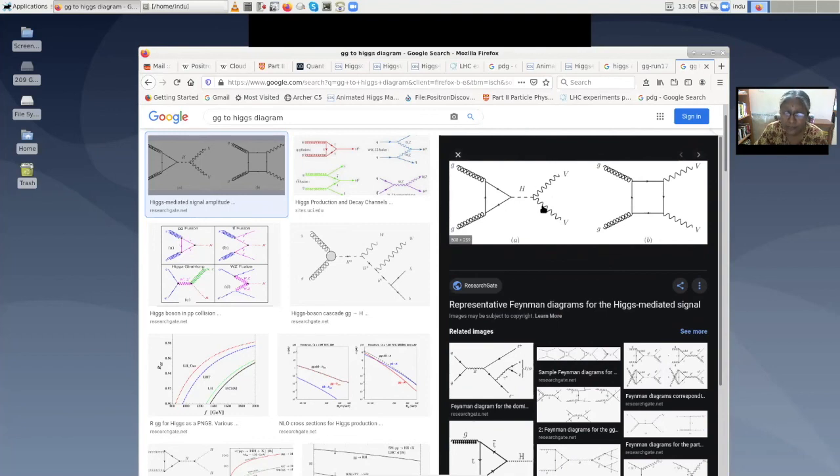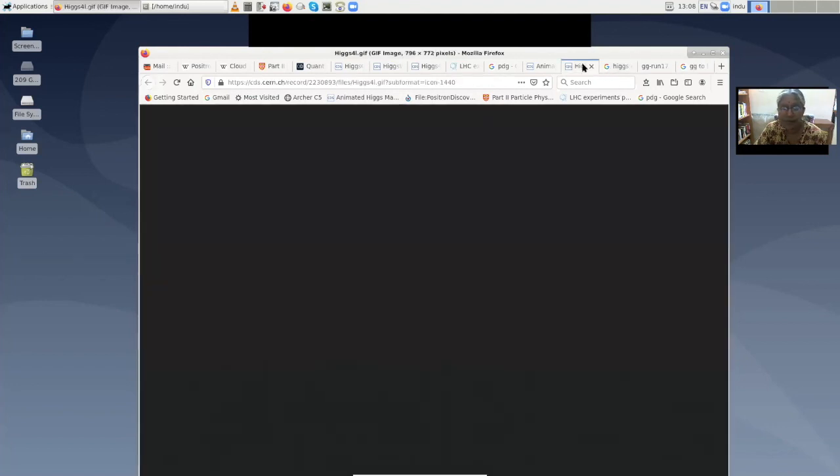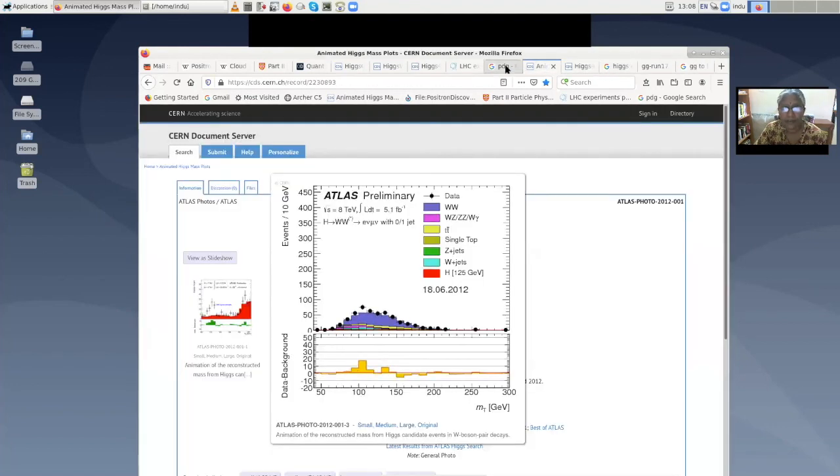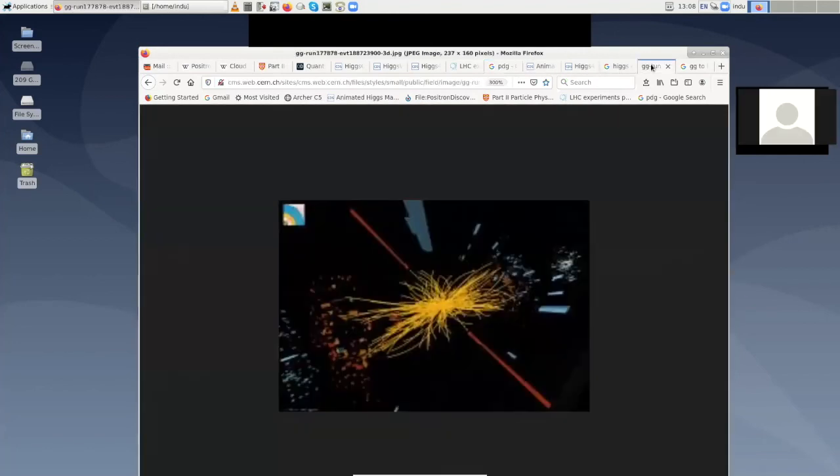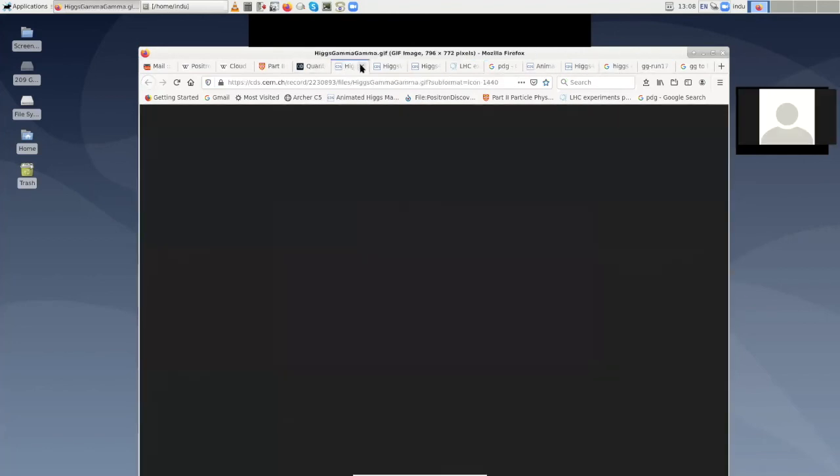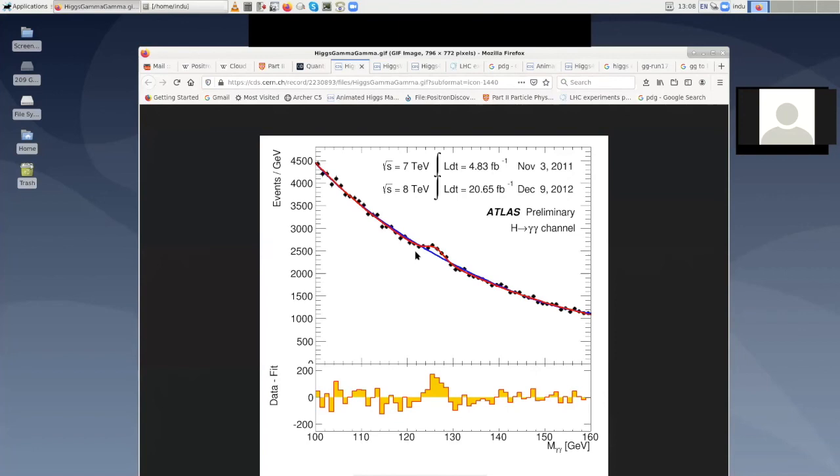But you see that the Higgs mass is only 125. So if you go back to that diagram, I hope I can find it. Sorry, let me look for it. Here. So here you can see that this extra peak will always be here at 125, because there is no particle at 150, there is no particle at 105 and so on.